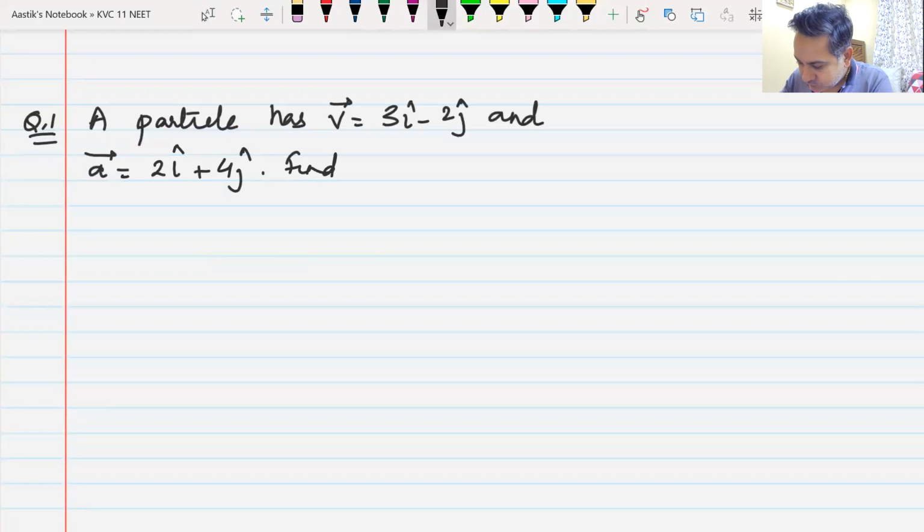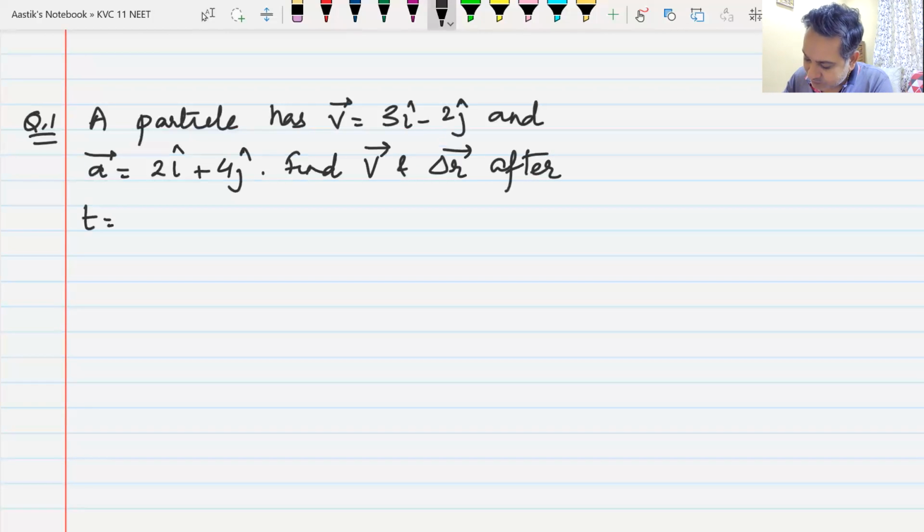Find the velocity and displacement after t is equal to 2 seconds. Do we understand the question?